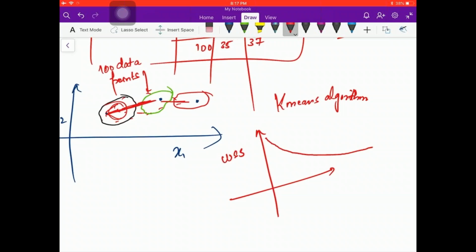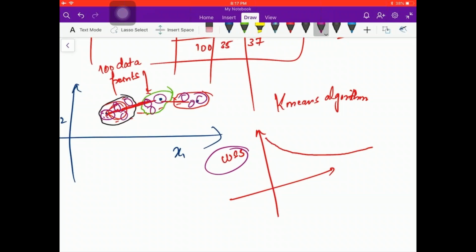Let's say I want to have 10 clusters here, like this. If I take out 10 clusters, your within sum of squares is obviously going to reduce, right? Because you are having fewer points within the cluster.